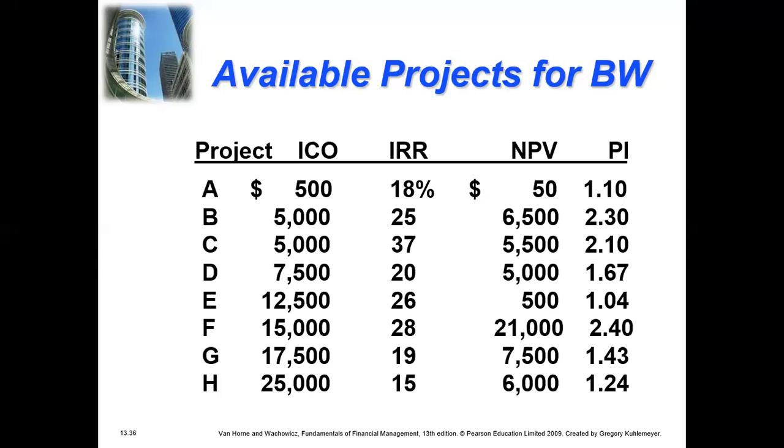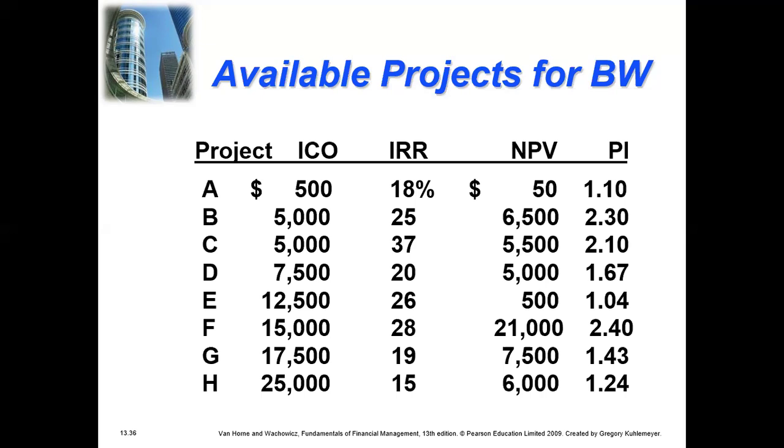Now we need to make an investment. But our constraint is that we have $32,500. You can see in project A the investment requirement is 500, project B 5,000. Let's suppose project H is 25,000.